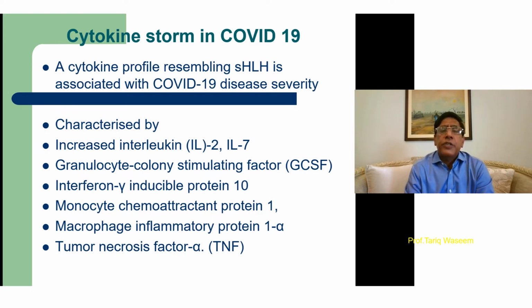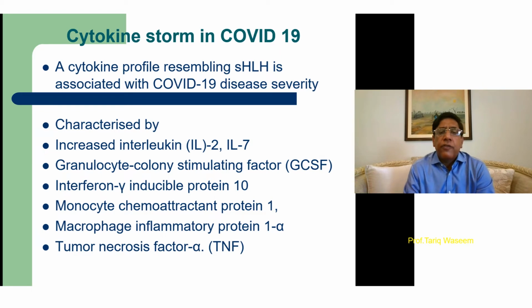The characteristic features of this cytokine storm: it is characterized by increased interleukin 1, interleukin 2 particularly, and interleukin 7. There is a lot of release of granulocyte colony stimulating factor, whose primary effect is to try to make more and more granulocytes.